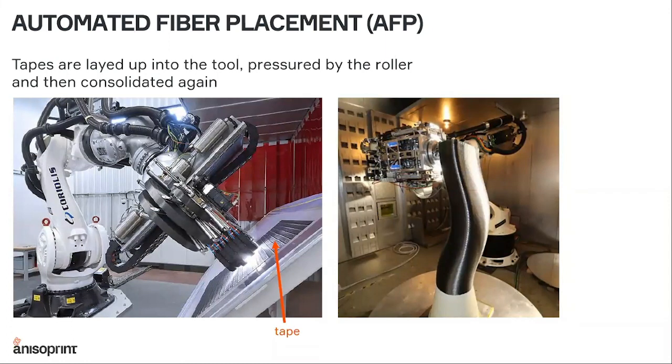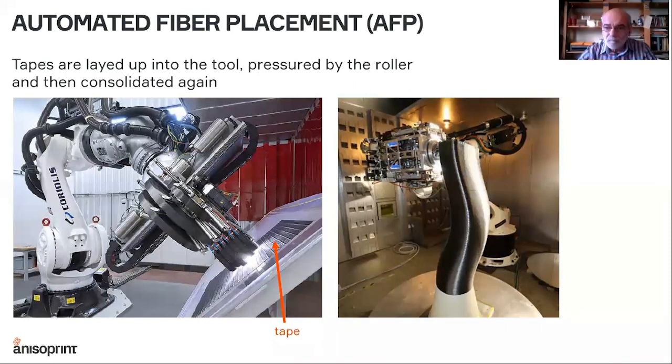The prepregs can be either thermoset or thermoplastic, and they are heated up normally with a laser, consolidated with a roller and placed into a mold. So that's actually big industrial technology, big industrial machinery for manufacturing of composite parts with fiber placement.